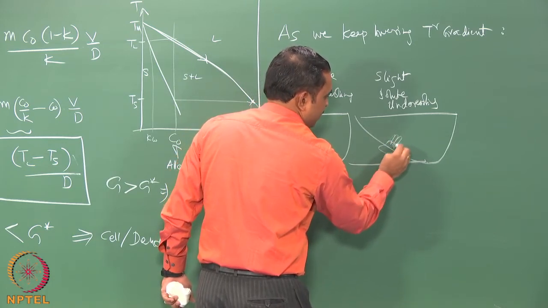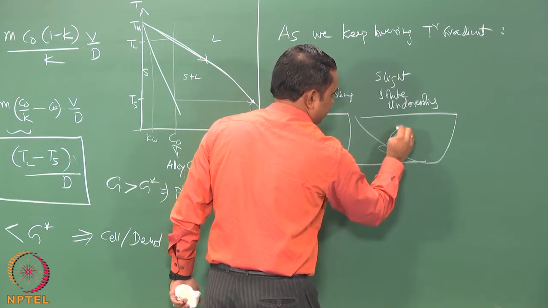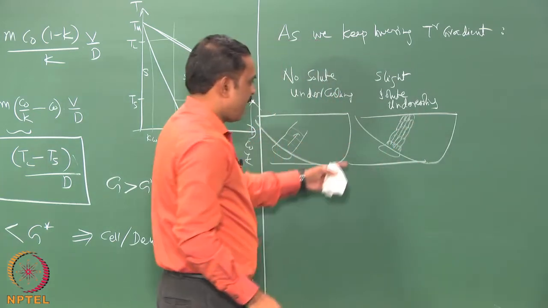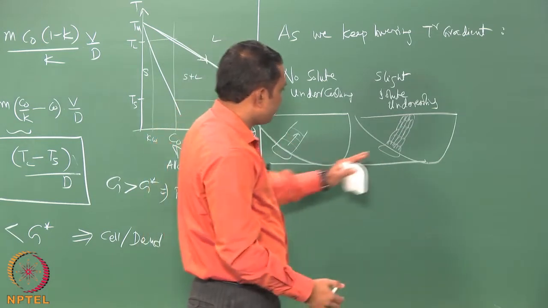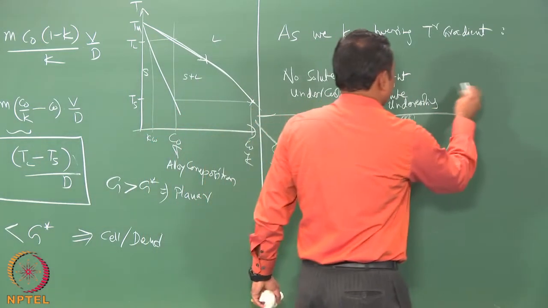You would see that the microstructure will start having much finer features, and these features can be seen in most alloys by etching, because the region between the cells has high concentration of the solute.